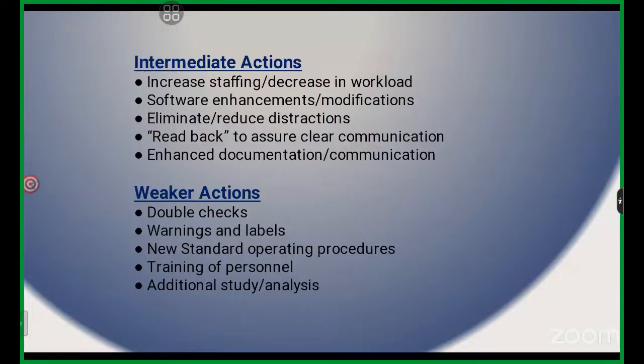There are weaker actions like double checks. You double check your results, especially when there is manual entry. You double check your quality controls. You double check when various processes and methodologies are used, and you implement them so that you avoid errors.